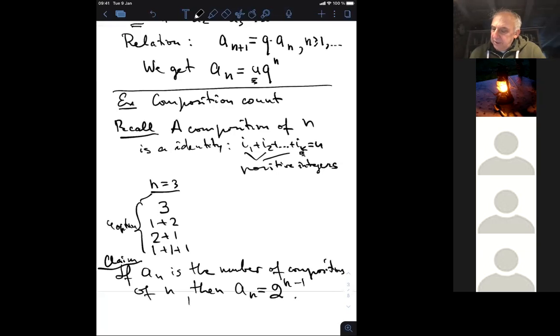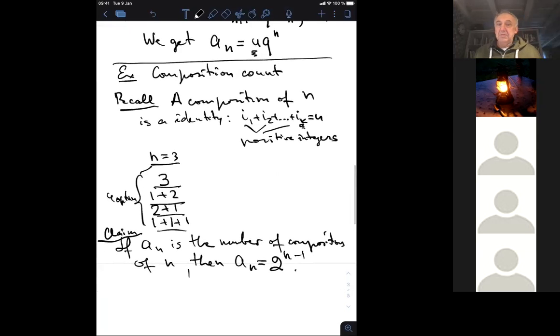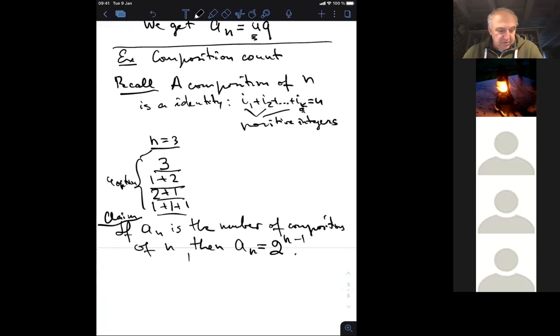So in particular, for n equals 3, we get 4, which I just listed for you above. Okay, let's now try to settle this claim using recurrences. So in order to do this, let's try to understand how we can get compositions of number n plus 1 from those of number n. Okay, proof using recurrence.